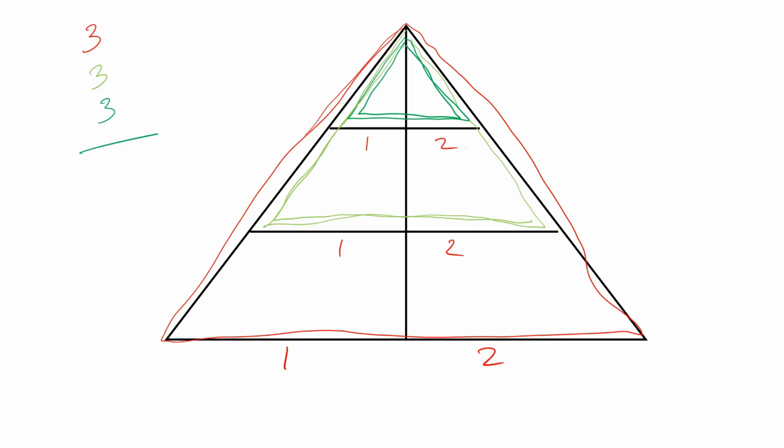So the total number of triangles in this figure is 3 plus 3, 6, plus 3 equal to 9. So we have 9 triangles in this figure.